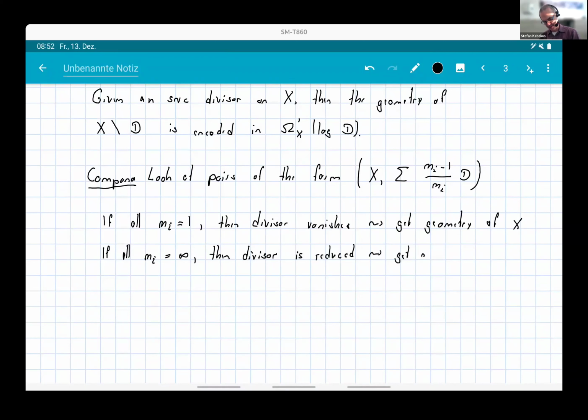I get the geometry of X, and in the second case the geometry of X minus the divisor. And if the m_i are intermediate, then we get something new.